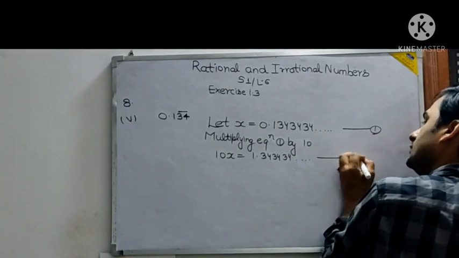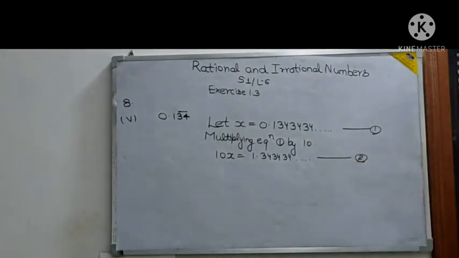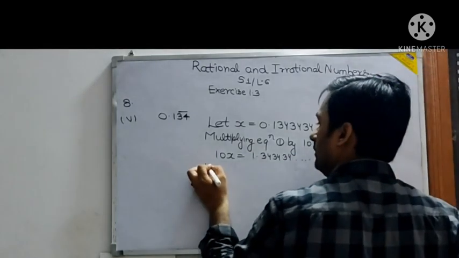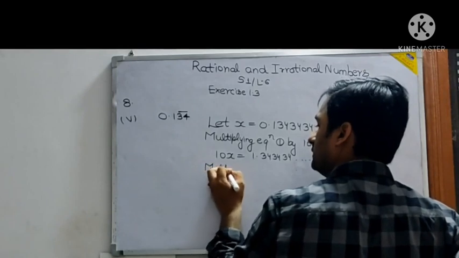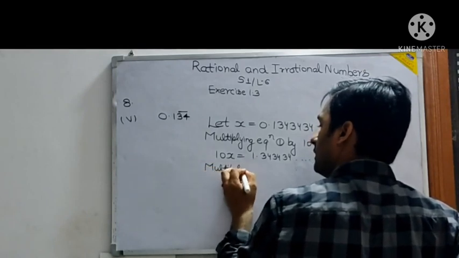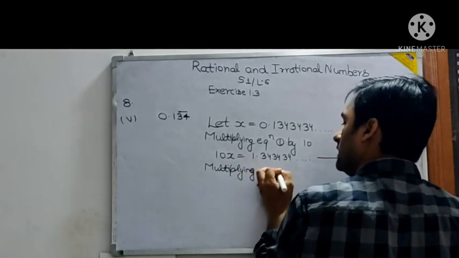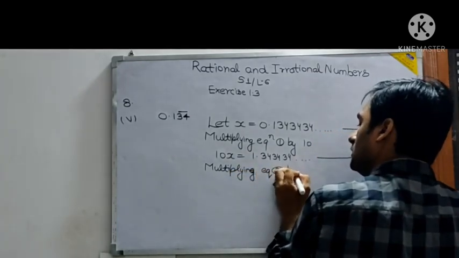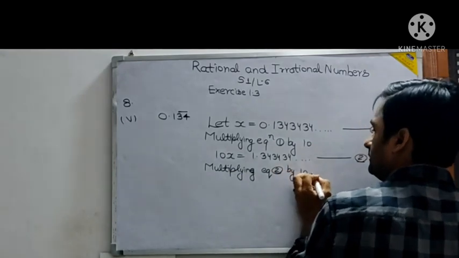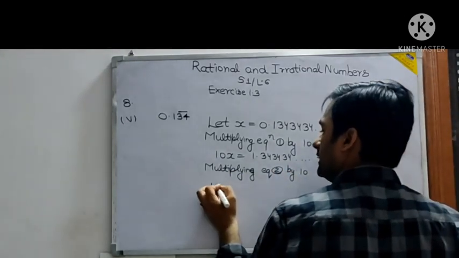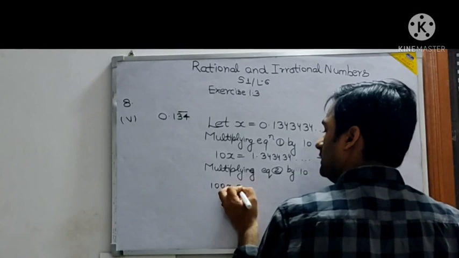Equation number 2. Then multiplying equation 2 by 10, you get 100x is equal to 13 point.